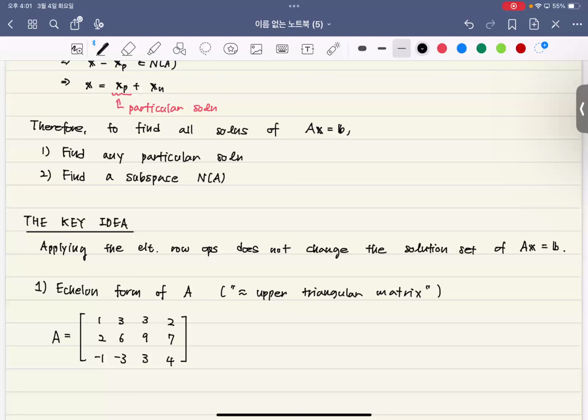I'm going to do exactly the same thing for this matrix. By applying the elementary row operations, I want to eliminate these two numbers. How? By multiplying the first row by -2 and adding it to the second, I can get rid of this. By the same trick, I multiply the first row by +1 and add it to the third, and I can get rid of this number.